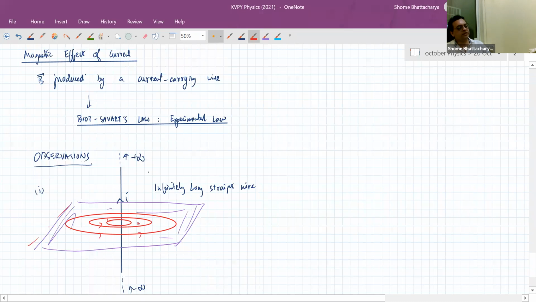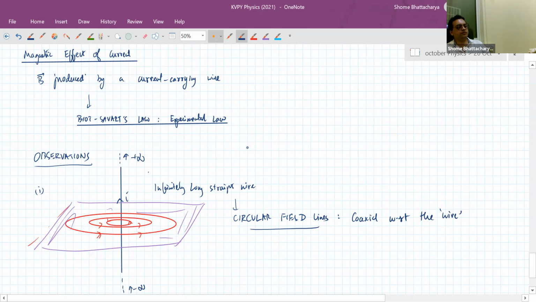That is, the orientation is anti-clockwise if the current is coming out. So this creates circular field lines which are coaxial with respect to the wire, the infinitely long straight wire.